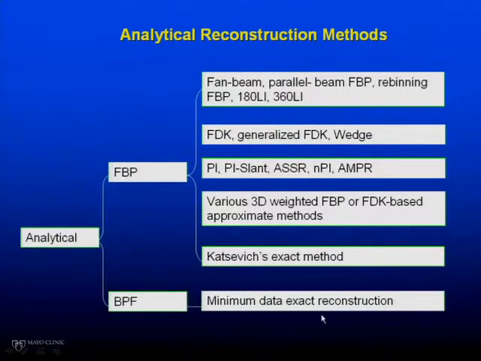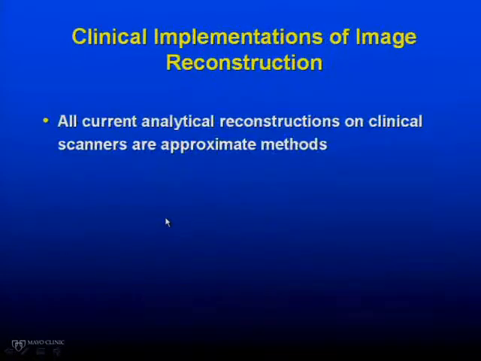Among them, there are some exact methods, such as Katsevich's method and the back projection filtration method developed by Zou and Pan, which can utilize the minimum data to do the exact reconstruction. And although some exact methods are available, all current scanners still use approximate methods.